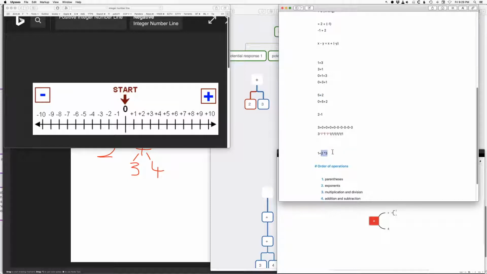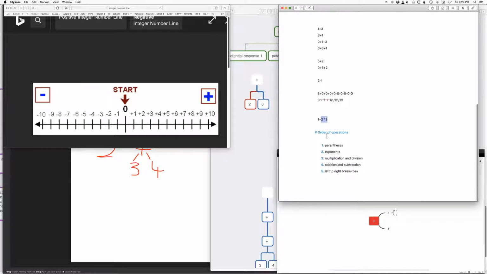You can multiply the 2 with the 3, and then worry about the addition part later. Okay, I think that makes sense. So we're multiplying 2 times 3, so we get 6. Multiplication done.